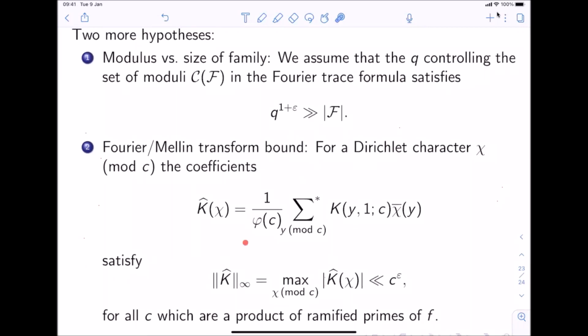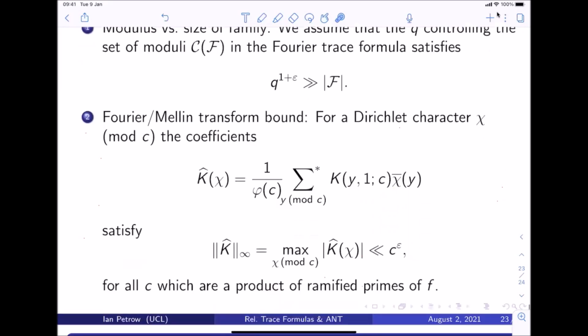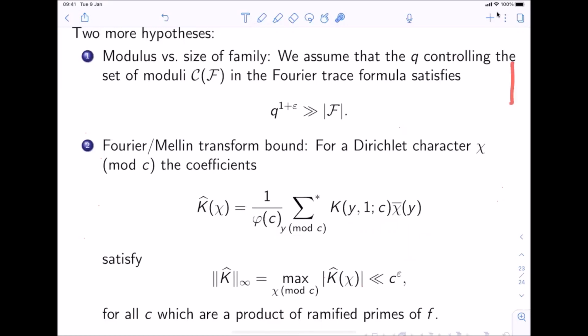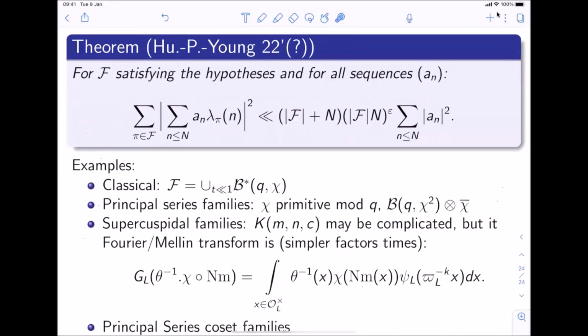So if I just kind of write down the Fourier-Mellin transform of these generalized Kloosterman sums in this classical sort of way, they need to be sort of almost bounded for each C. So I have this sort of L infinity estimate for all of these Fourier transforms of these Kloosterman sums.